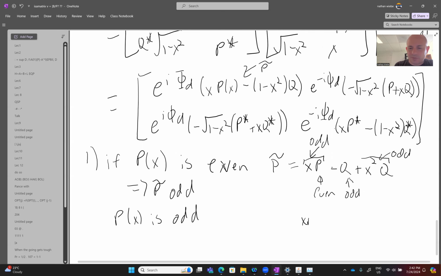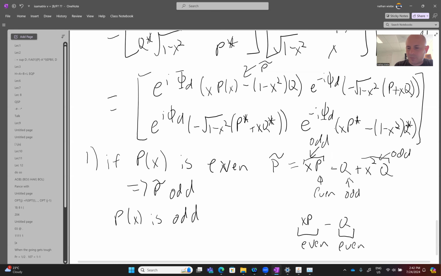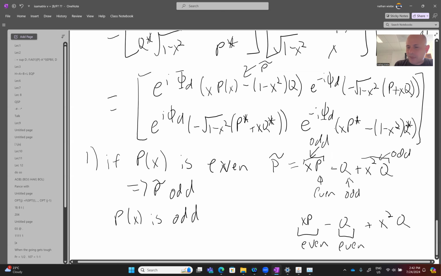Now, if p of x is odd, we can go through the exact same thing. We end up getting that x p is now going to be even. q will have to also be even in this case. And similarly, because x squared doesn't change the parity, x squared times q also has to be even. This implies that p tilde is even.